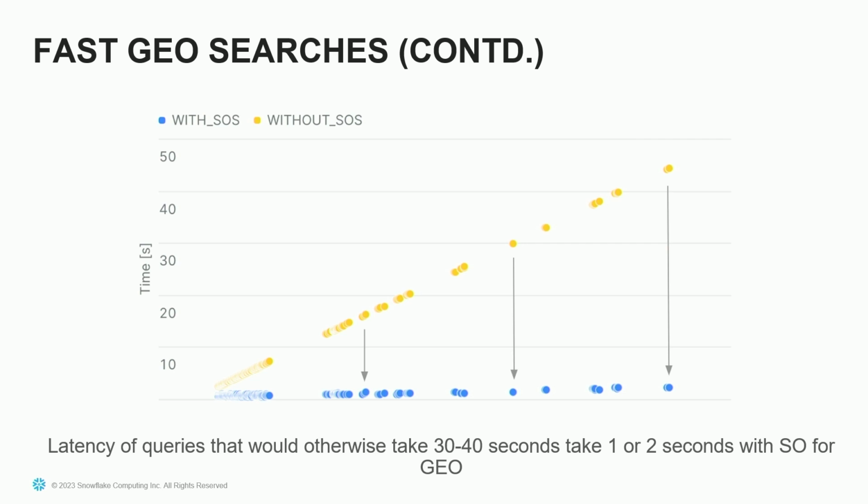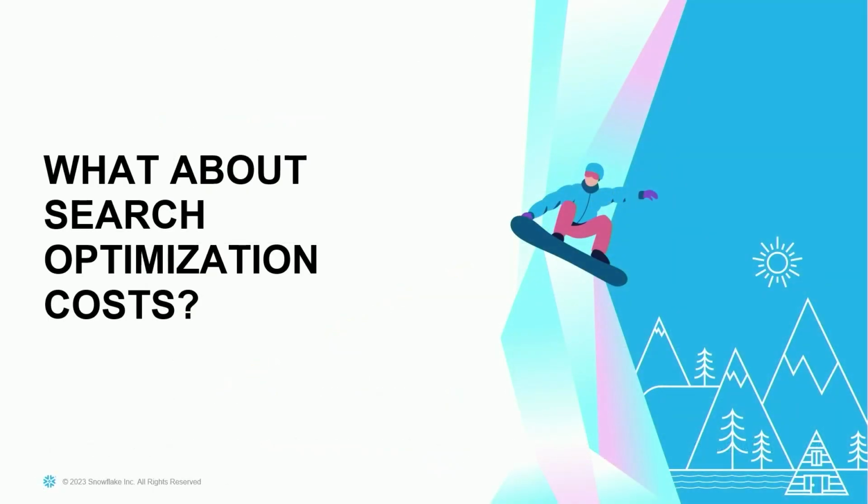As you can see from this graph, some queries which were taking nearly 30 to 40 seconds just take about a couple of seconds with search optimization enabled. So this customer had an interactive map, and they saw that these searches get much more usable with this feature.